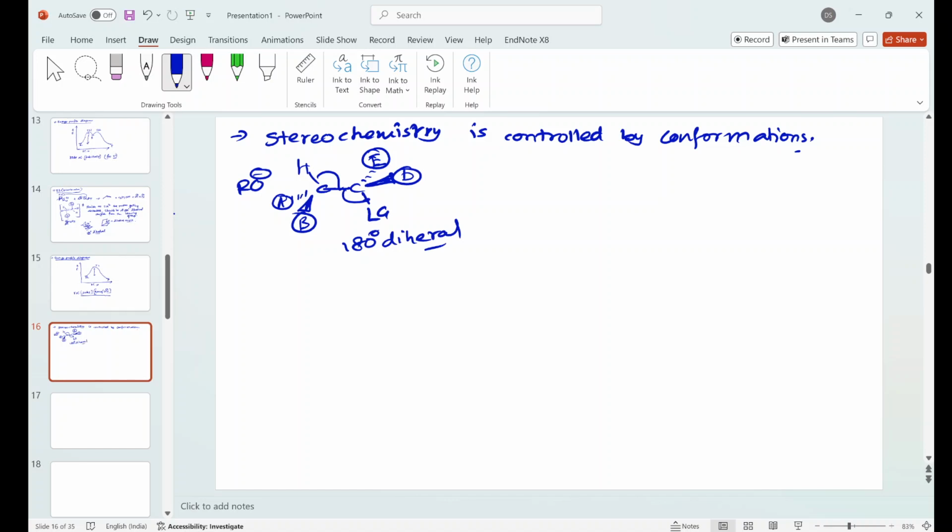Now if it attacks here, this will come and this will go, so that we will end up with an alkene. You can imagine this one through the Newman projection.